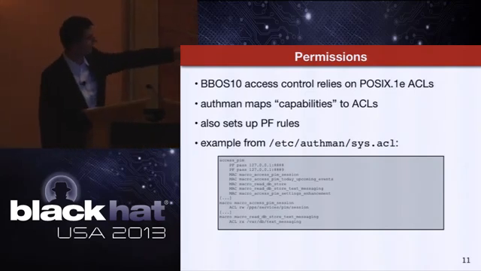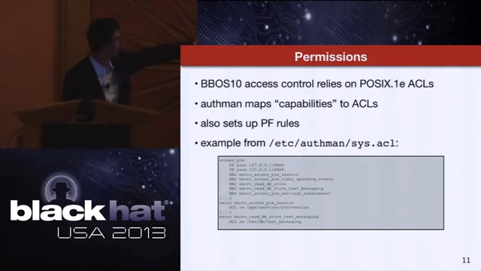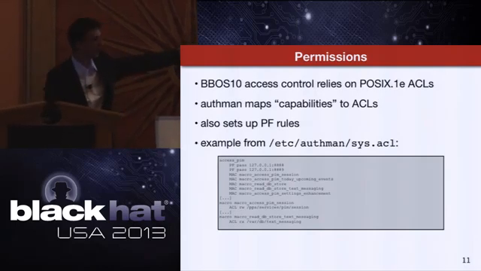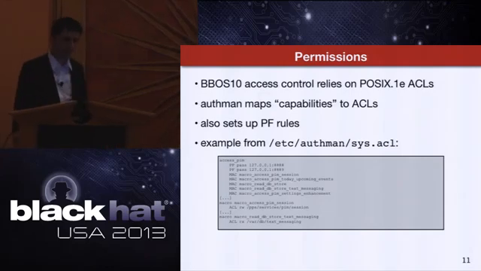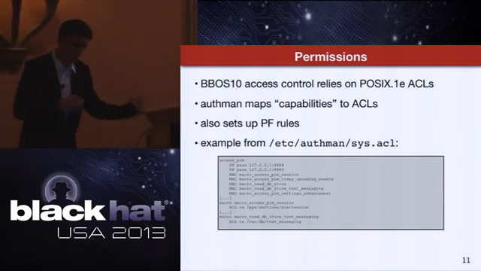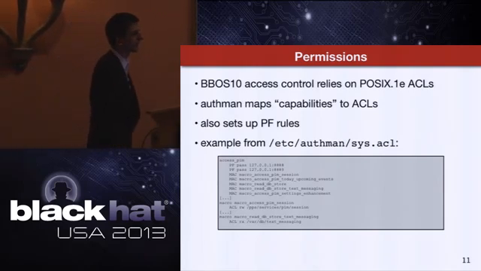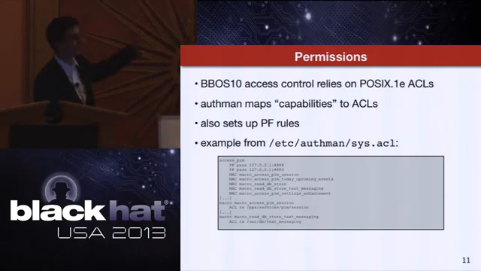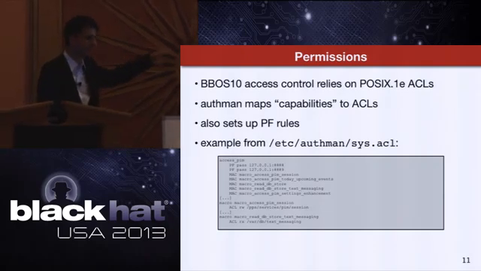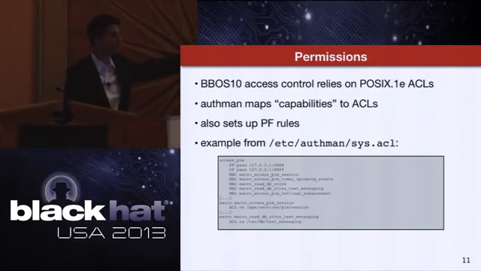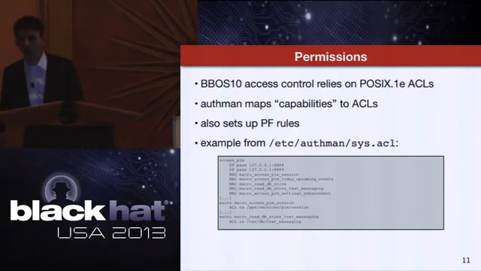And this gets expanded to these macros, some of which you see down here, and also to PF rules. So BlackBerry or QNX 8 integrates the OpenBSD packet filtering framework, and authman dynamically, if you give certain rights, will insert filtering rules according to these rights.